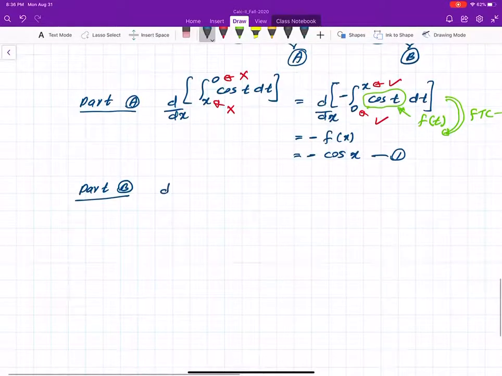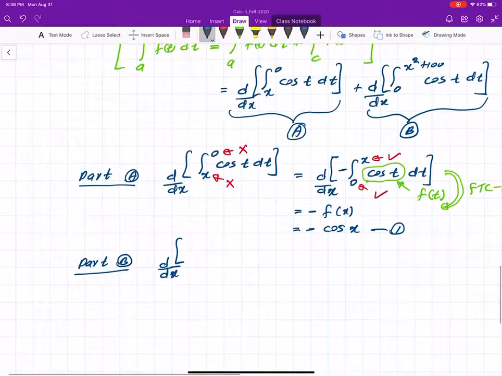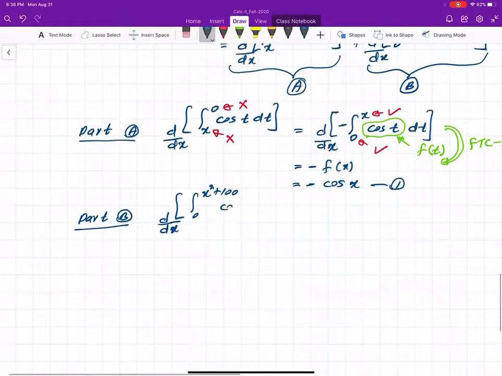In part B, you have to get the derivative of this thing. It is the integration from 0 to x square plus 100 of cos t dt.